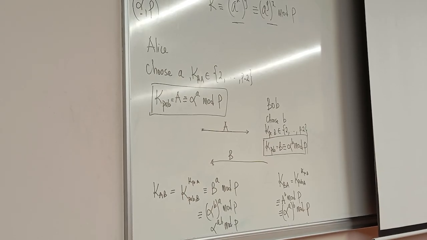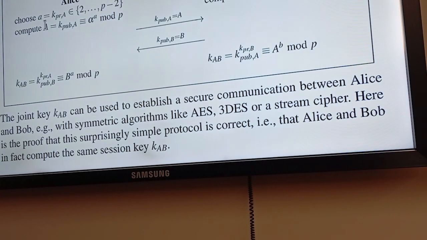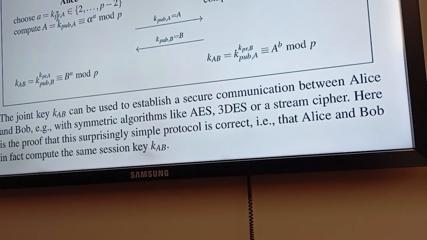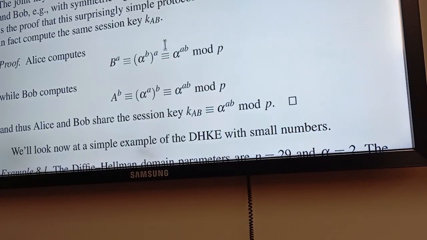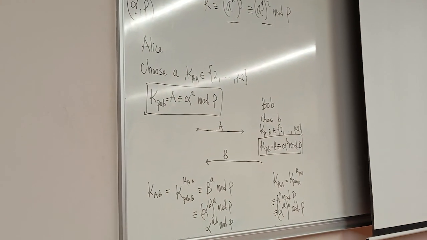So we would now go back to the slides. This is the basic proof. We did prove it on the blackboard down there.